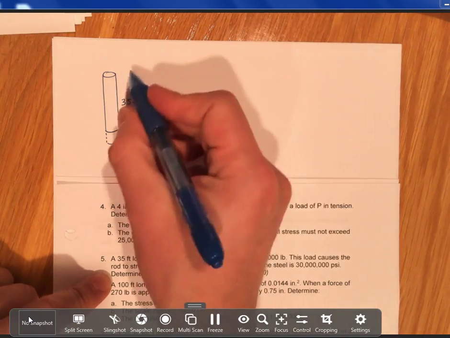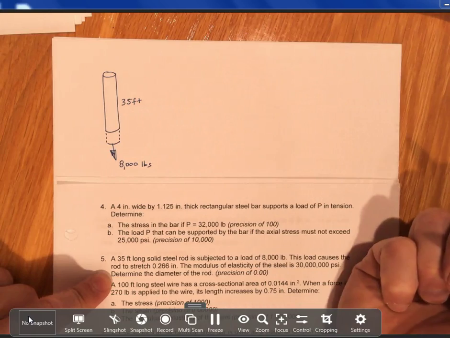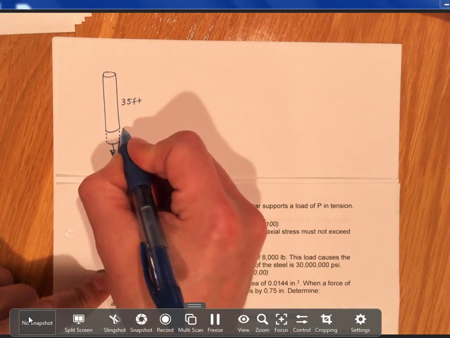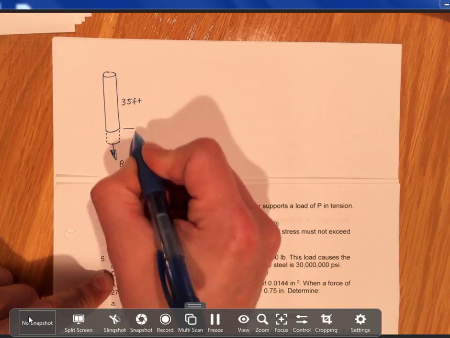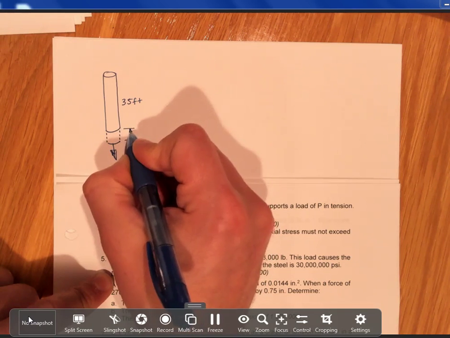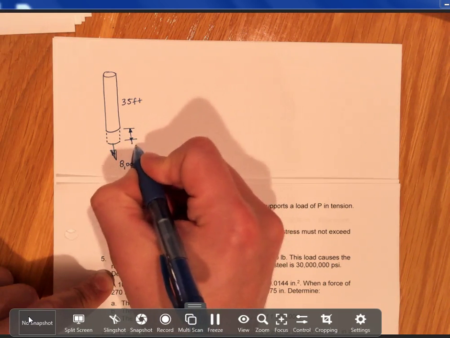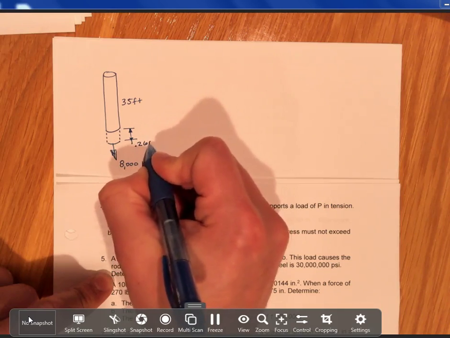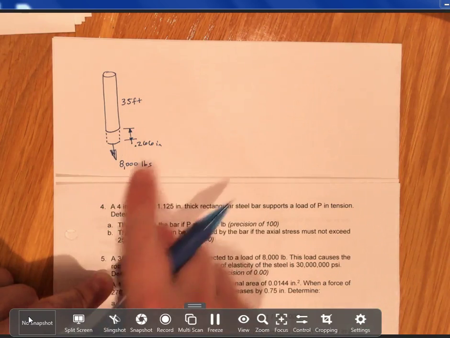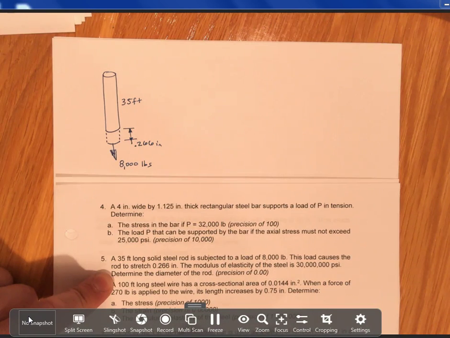Okay, so here's a little picture for me to start to see what's going on. This load caused the rod to stretch. Let's label this little length right here: 0.266 inches. Okay, so I'm drawing a picture and basically listing my knowns.